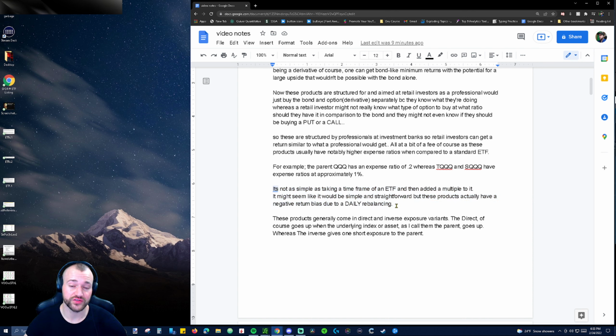And there's actually been lawsuits about this because people did not understand what it meant to be rebalanced daily. They thought, if the S&P 500 goes up 10% in a given year, this should go up 30% because it's triple leveraged.